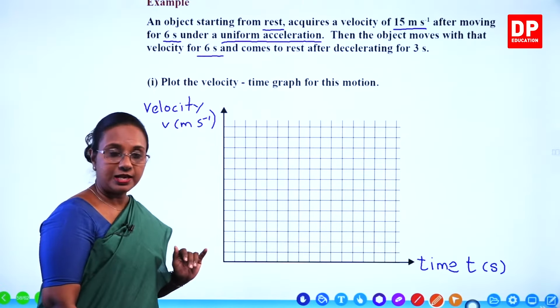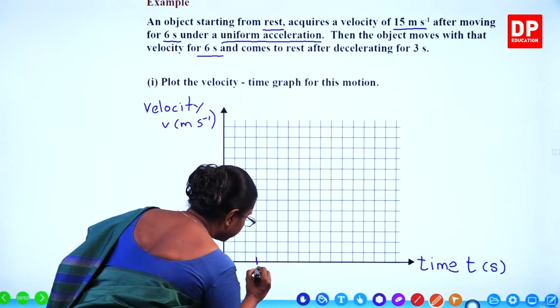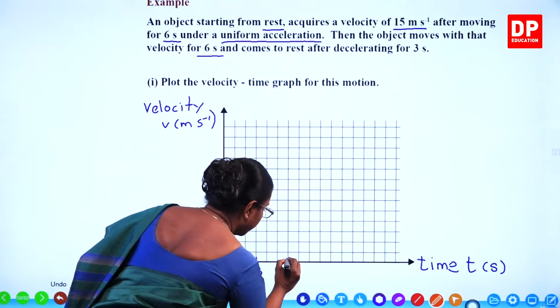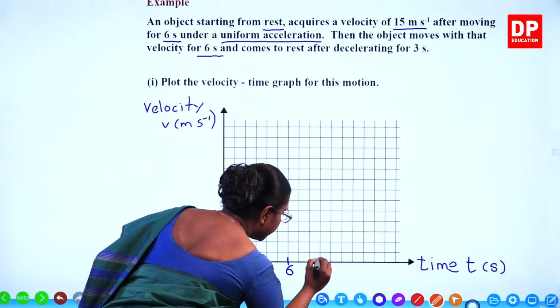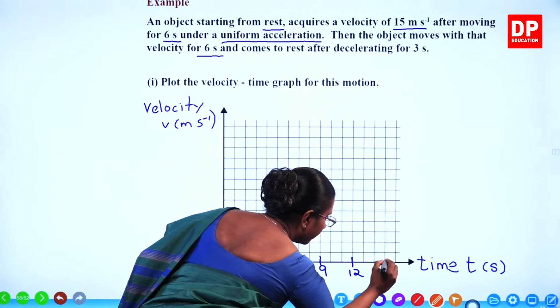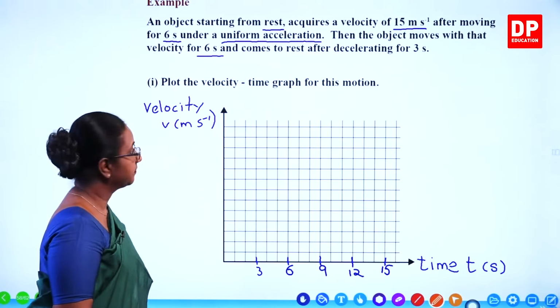I will mark the values on the x-axis: 3, 6, 9, 12 and 15 seconds.